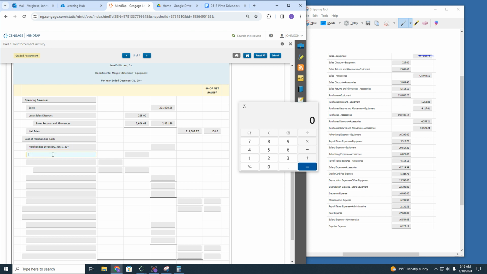And then I'm going to add any purchases that I had, less the contra accounts to purchases, which is purchase discounts and purchase returns and allowances. So same thing that I did up here to get net sales, I'm going to do down here in order to get net purchases. All right, so merchandise inventory, the beginning, I don't have it on here, so I have to go back and look that up.